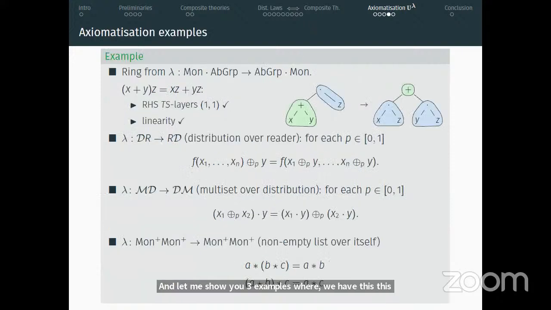In the case of multiplication over addition, this holds, so this is how we end up with only left and right distributive equations. But also many others in the literature that we checked. Here are three examples that we picked randomly, and in every case, we obtain a very elegant axiomatization of the composite monad by considering only equations that have a left-hand side of layers 1, 1, so only one operation of each theory.